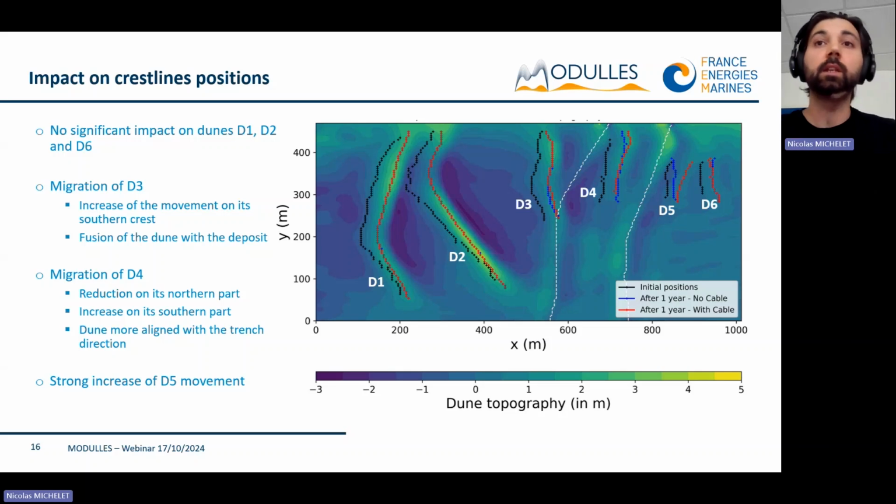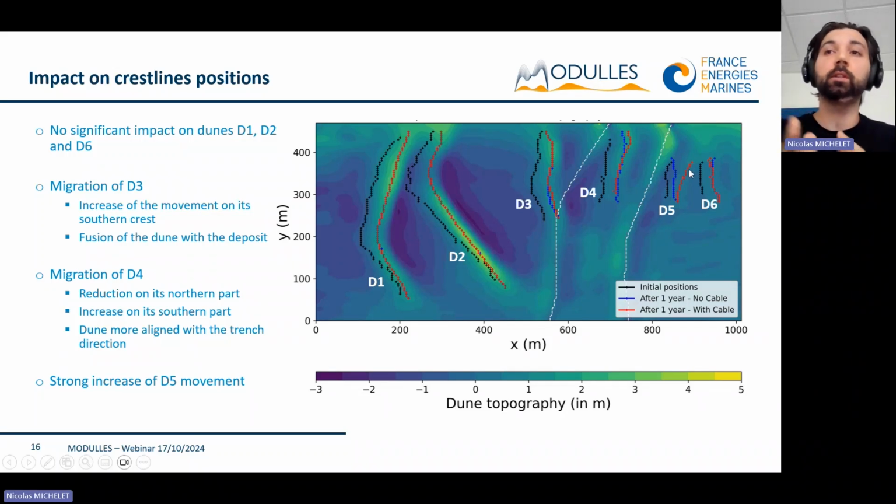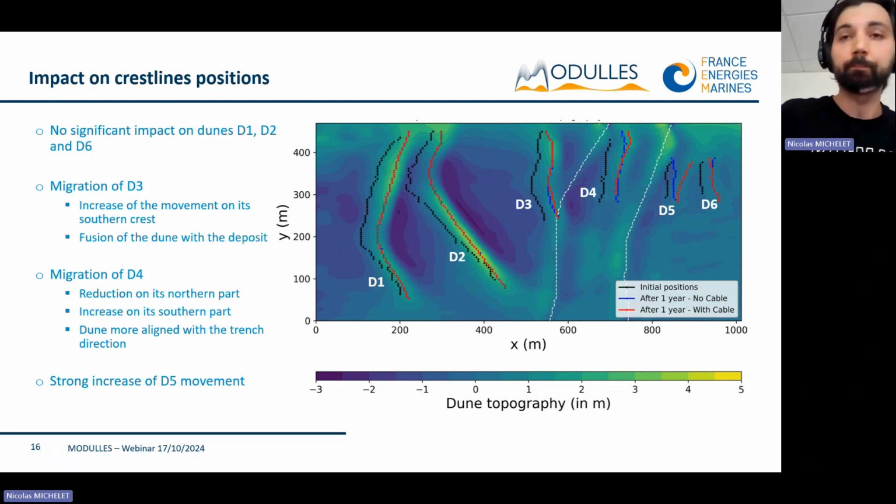And as we can see, the proximity with the trenches changes their migration speed, and in particular we can see here on D5 that the crest line of this dune is located further east compared to the baseline case when we do not have any cables. We can see a similar pattern here on the southern part of D3 and also on the northern part of D4. And we also have a part here where the migration speed seems to be reduced.